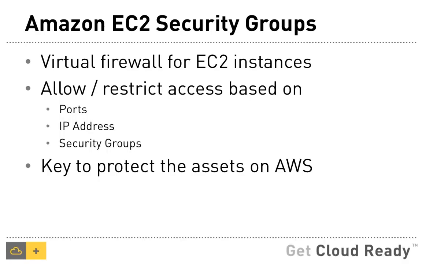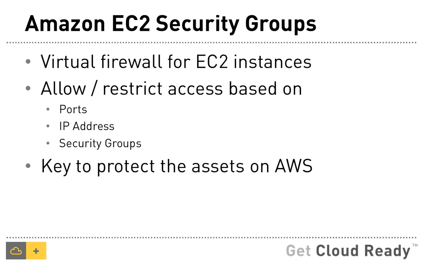Once you have chosen your region, availability zone, the machine image and the instance, then comes the security group. Think of the security group as a virtual firewall for EC2. When you launch an EC2 instance, you have to allow or restrict traffic to a specific port, or originating from a specific IP address, or the connection flowing through an existing set of security groups.